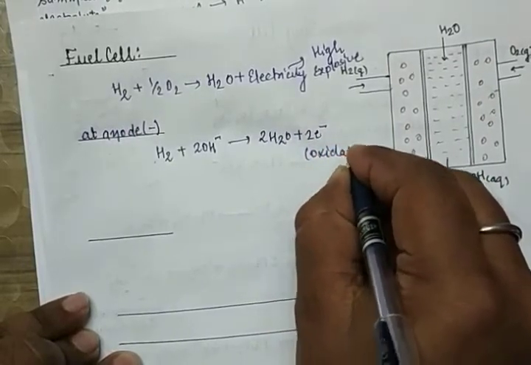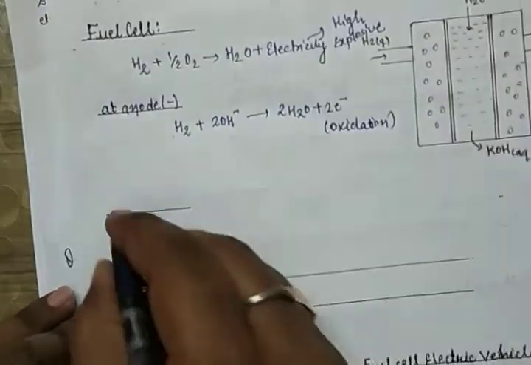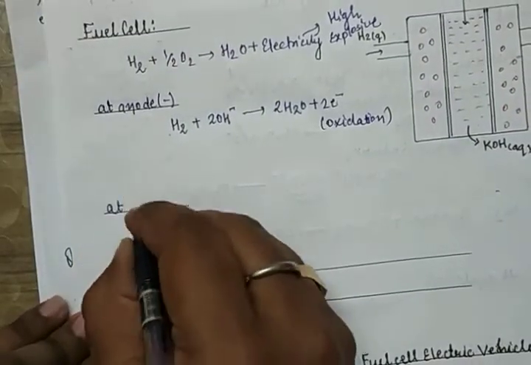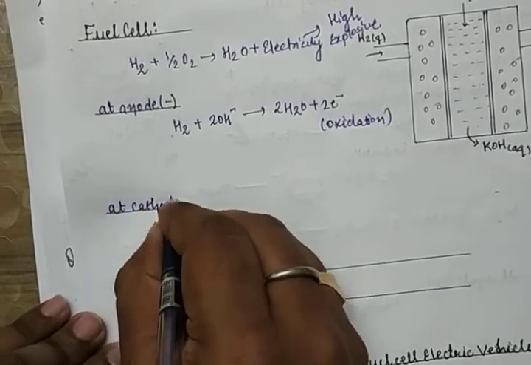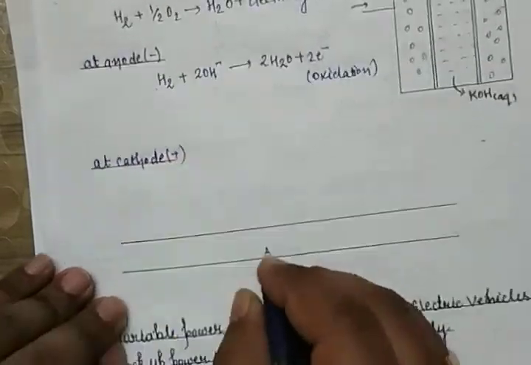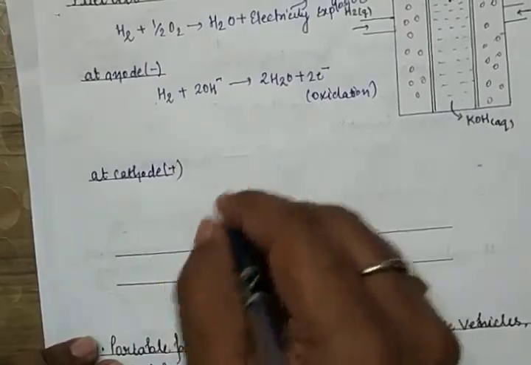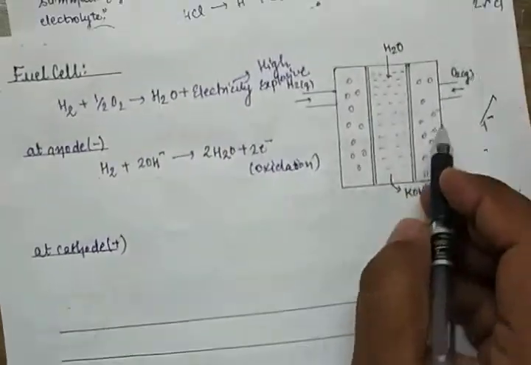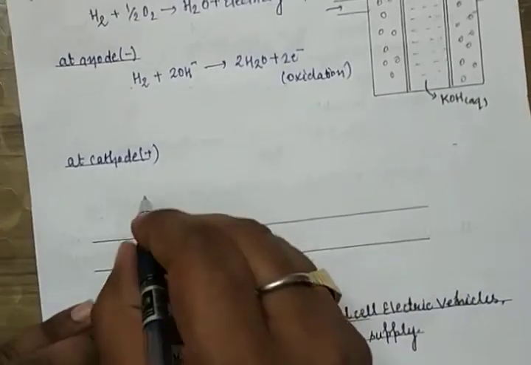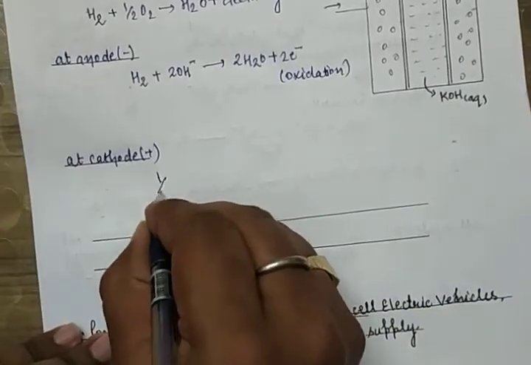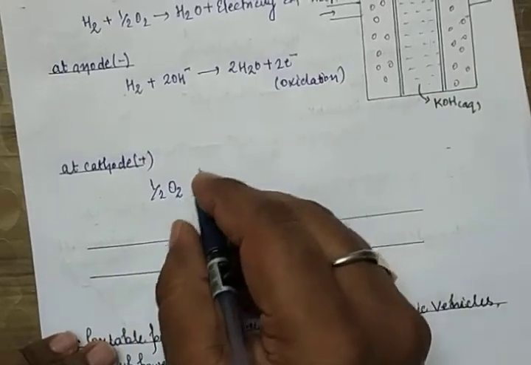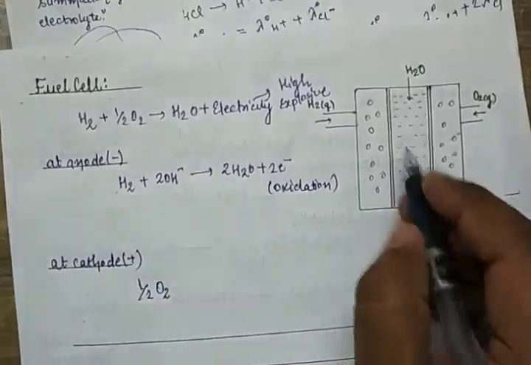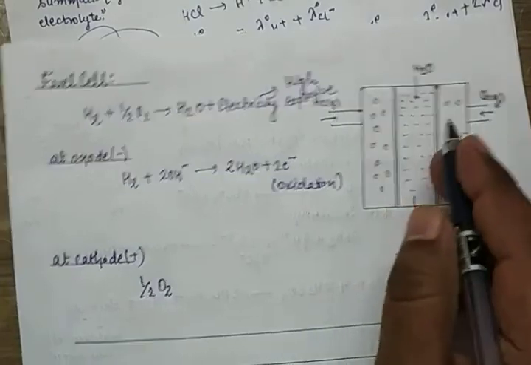The next one is at the cathode. The cathode works in the galvanic cell. The cathode has a positive charge, and the reduction is there. So again, on the cathode side, oxygen is there. How much oxygen? Half O2. And this half O2 reacts with the aqueous KOH, which means water is also there.